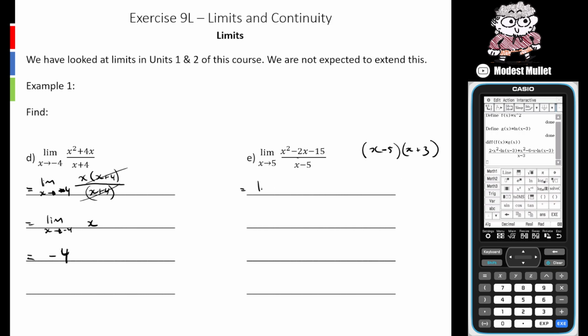So this is equal to the limit as x approaches 5 of x minus 5, x plus 3, all over x minus 5, and now I can cancel. So that's equal to the limit as x approaches 5 of x plus 3. That is defined, so I can substitute that in. So I'm going to get 5 plus 3, which is equal to 8.